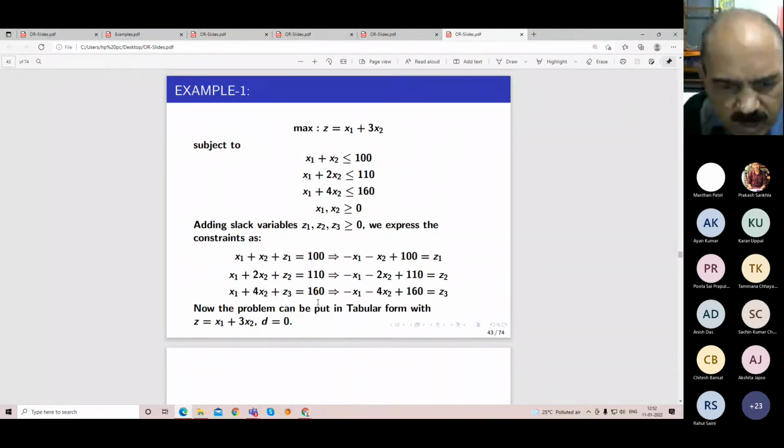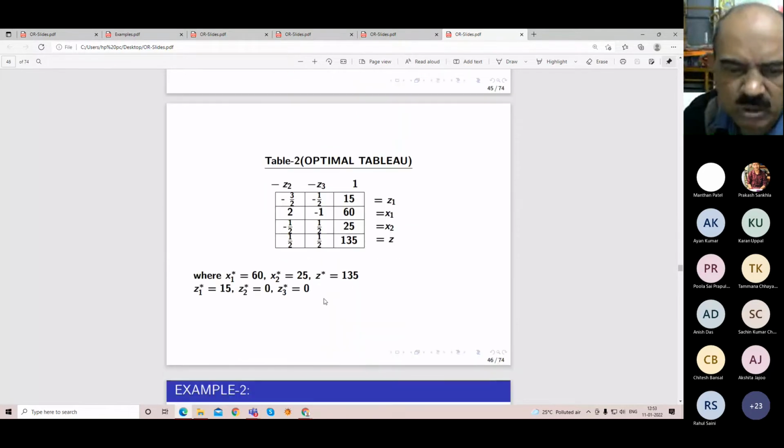So all are fulfilled. And what is the value of z? z equal to x1 plus 3x2. x1 equal to 60, 3x2, 25 into 3, 75, 60 plus 75, that is 135. We got the optimal solution.